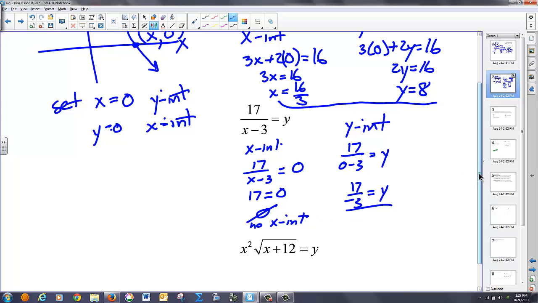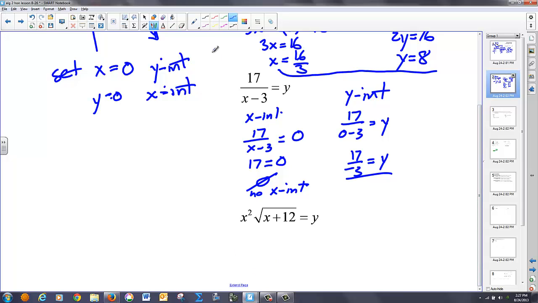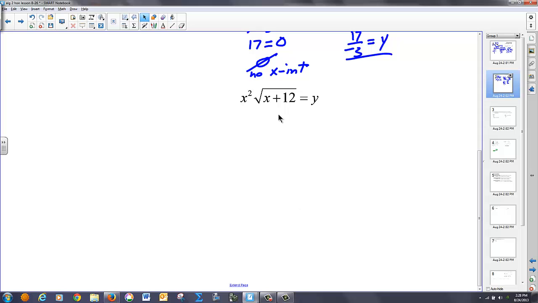Last function, let's take a look. Now in this case, for the x-intercept, I'm going to set the y equal to 0. So what I have is x squared times the root of x plus 12 is equal to 0. Notice this is a product, so one of these two terms must equal 0.